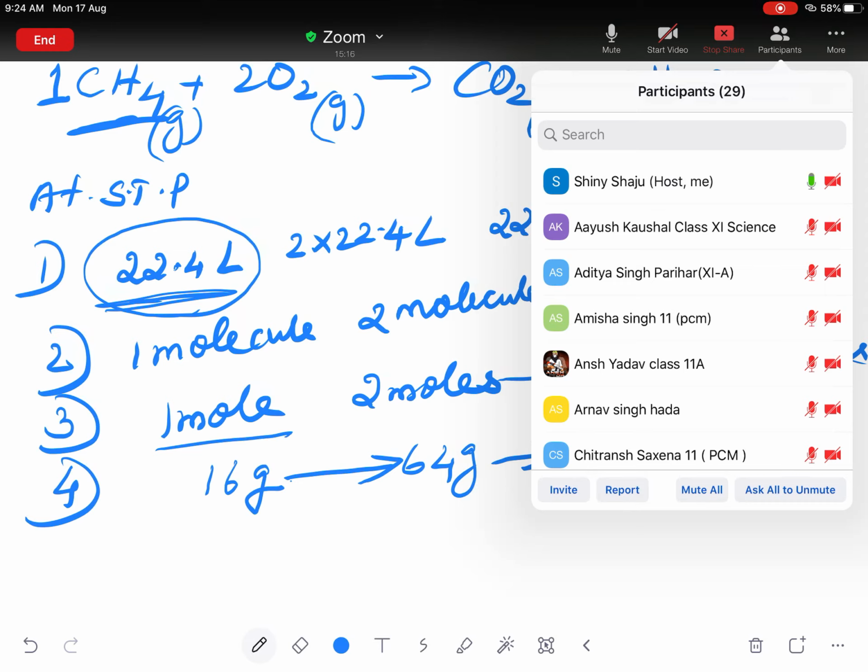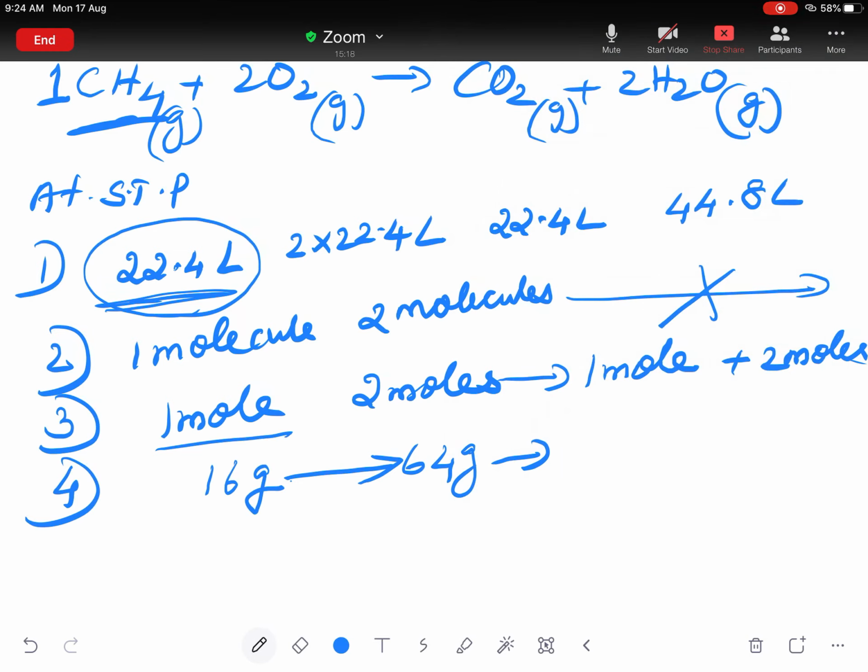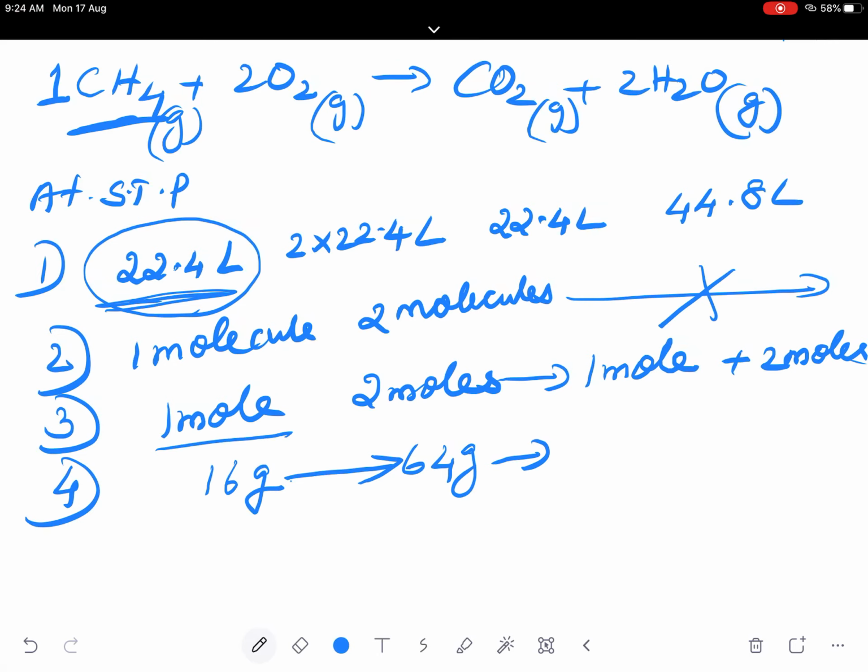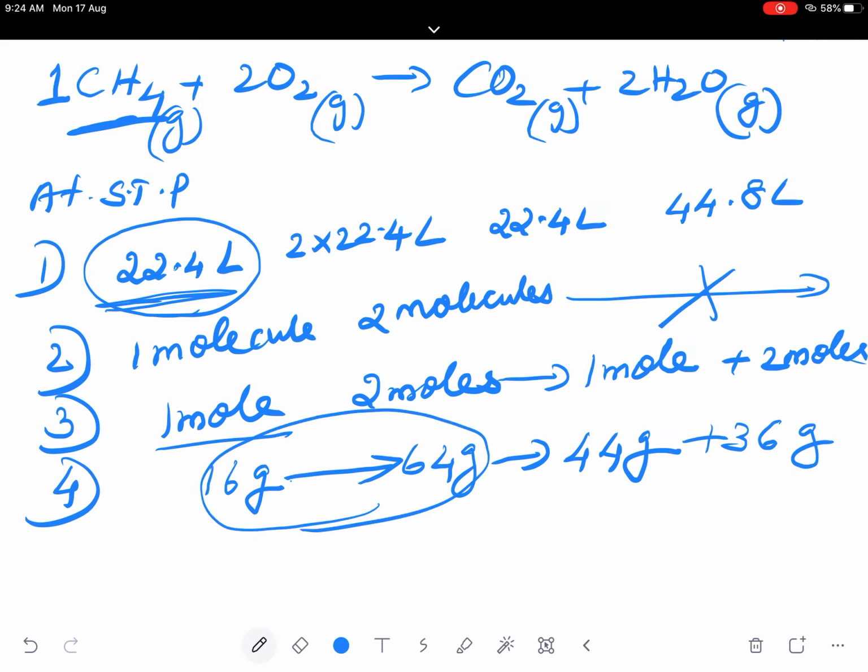Anybody can say? Yes, 44 grams of carbon dioxide, and twice water means 36 grams of water.